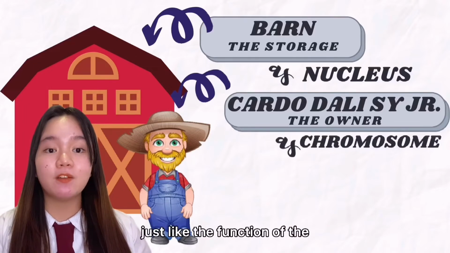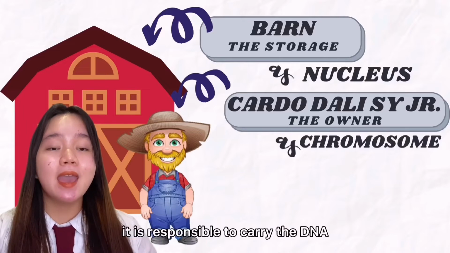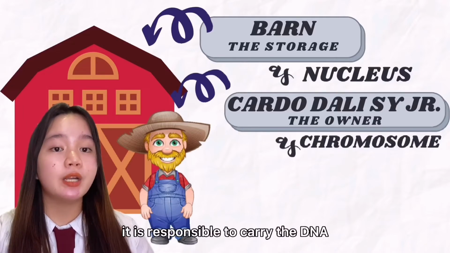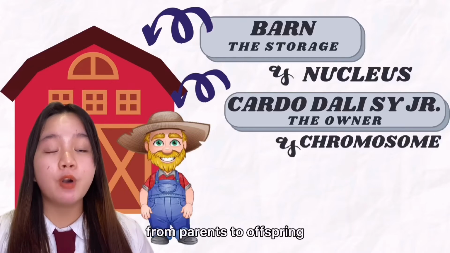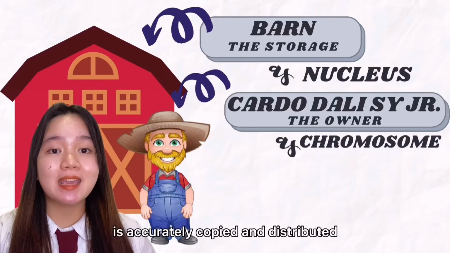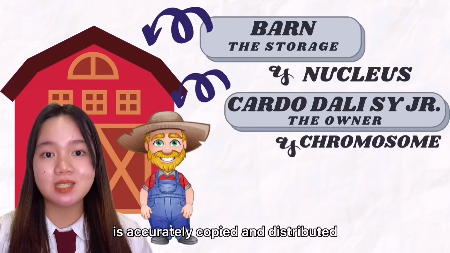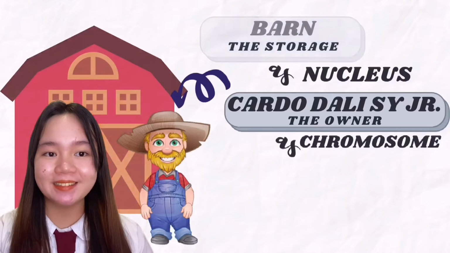And just like the function of the chromosomes inside the nucleus, it is responsible for carrying the DNA and transferring the genetic information from parents to offspring. It also ensures DNA is accurately copied and distributed in the vast majority of cell divisions.